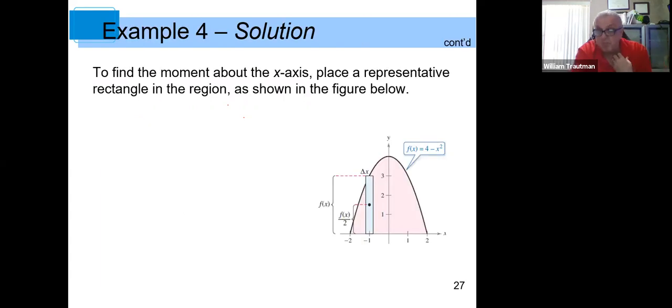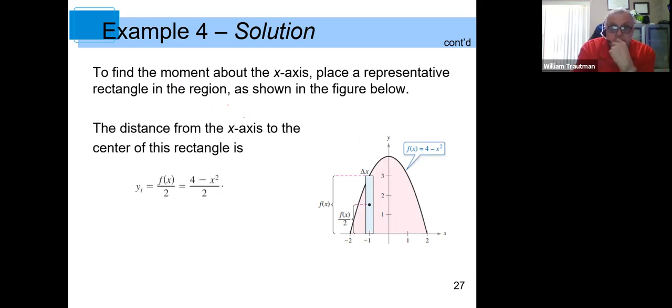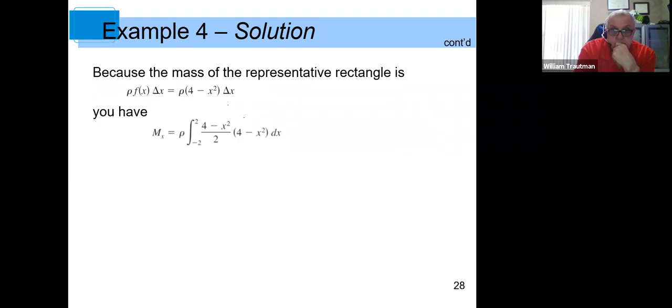Now we need to find the moment about the x-axis. Place a representative rectangle in the region as shown. If we go to our formula now, the moment about the x-axis, I should have written it down first, but I'm going to put it up here.